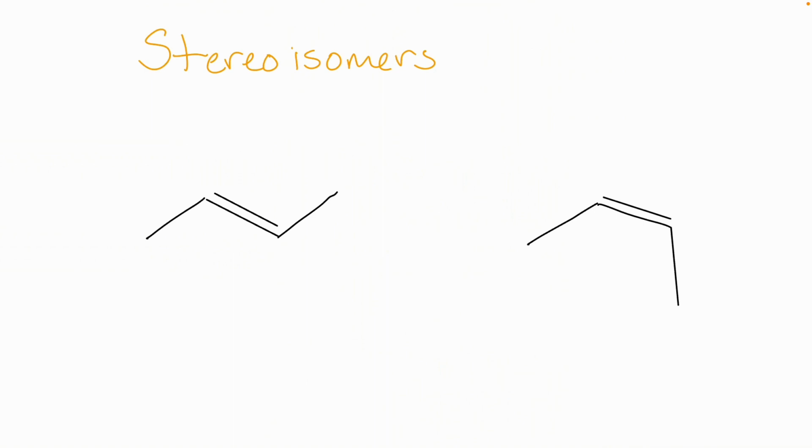These are both 2-butenes. But when we're building our name in organic chemistry, we have to uniquely distinguish a particular molecule. So it's not going to be enough information to just say 2-butene, because I could be referring to either of these two molecules. These are both 2-butenes.